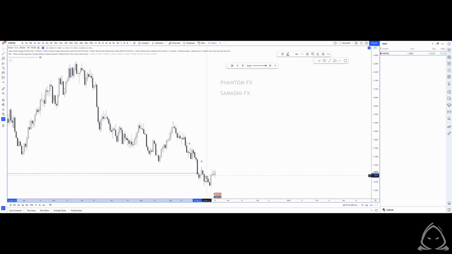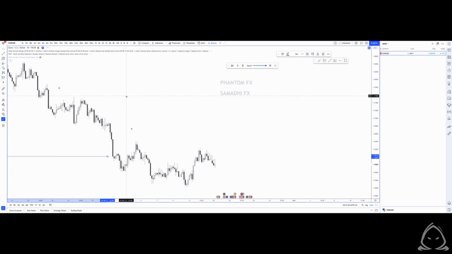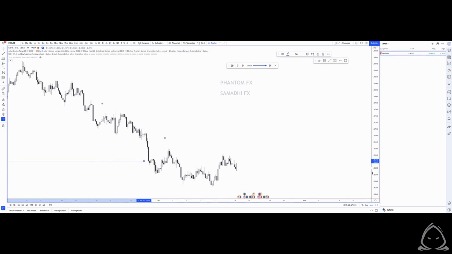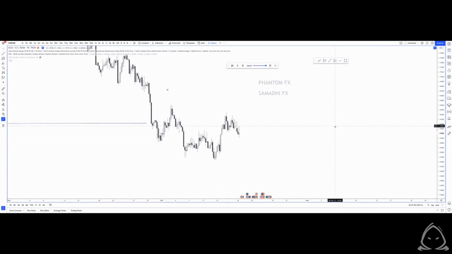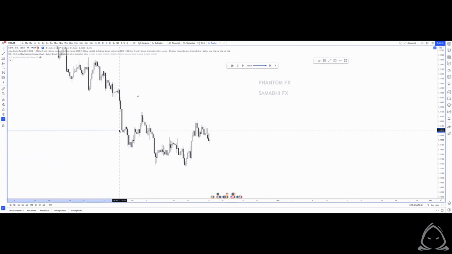We can see here a change of character, but to see this change of character, this change of direction, much better, it's better to scale into the 4 hour. Okay, and on the 4 hour everything is a little bit clearer, and we can immediately see this is the last lower high and lower low, and this is the break of the previous most recent lower high.